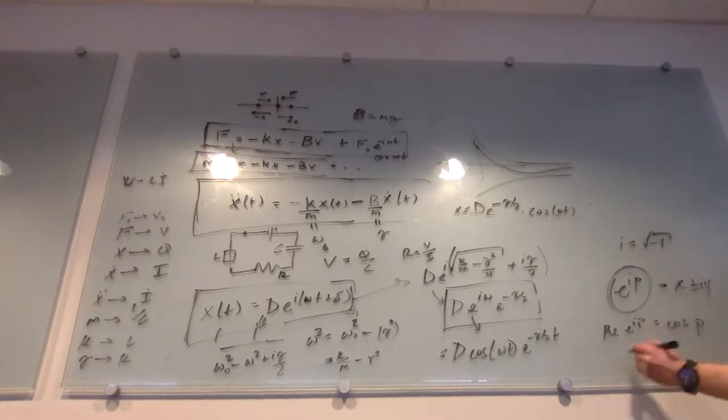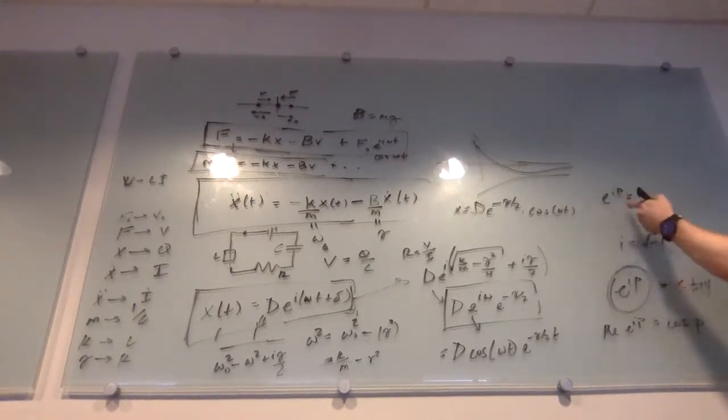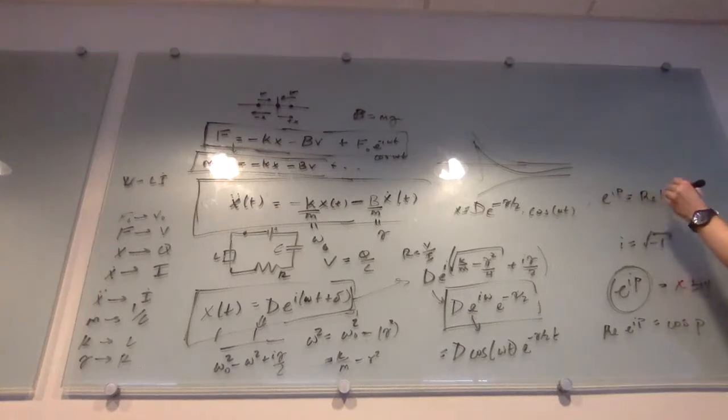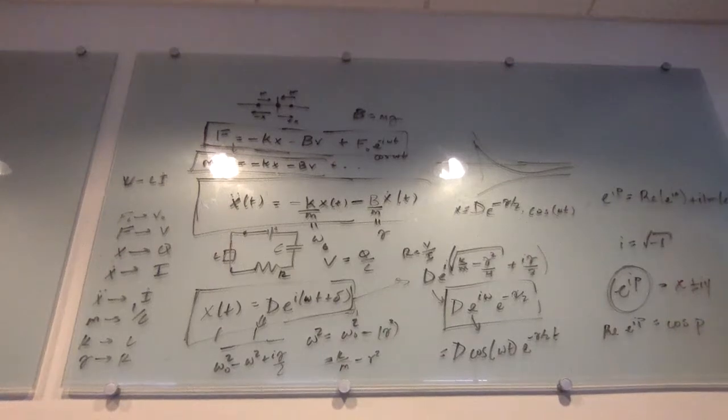I'm sorry, I'm going on a tangent about this, but it's equivalent to saying e to the i p is equal to every complex number you could say, and it's the real part plus the imaginary part. Every number in general, you can say it's the real part of that number plus i times the imaginary part of that number.